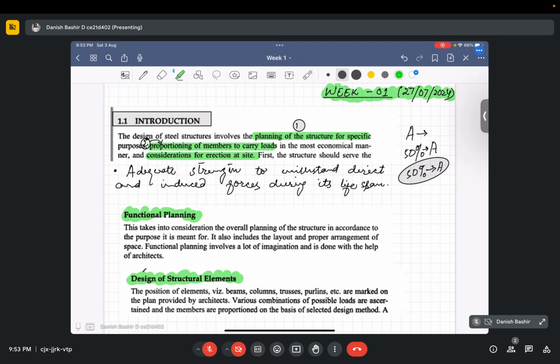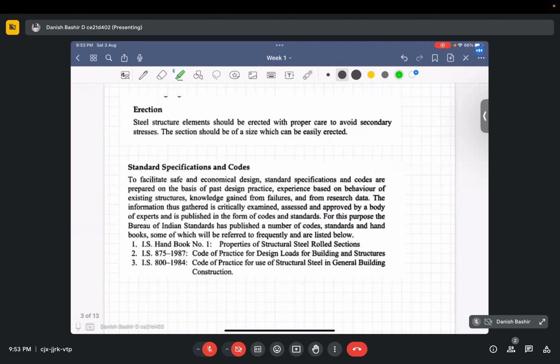Then another step in the design process involves the erection. Steel structure elements should be erected with proper care, avoiding secondary stresses.